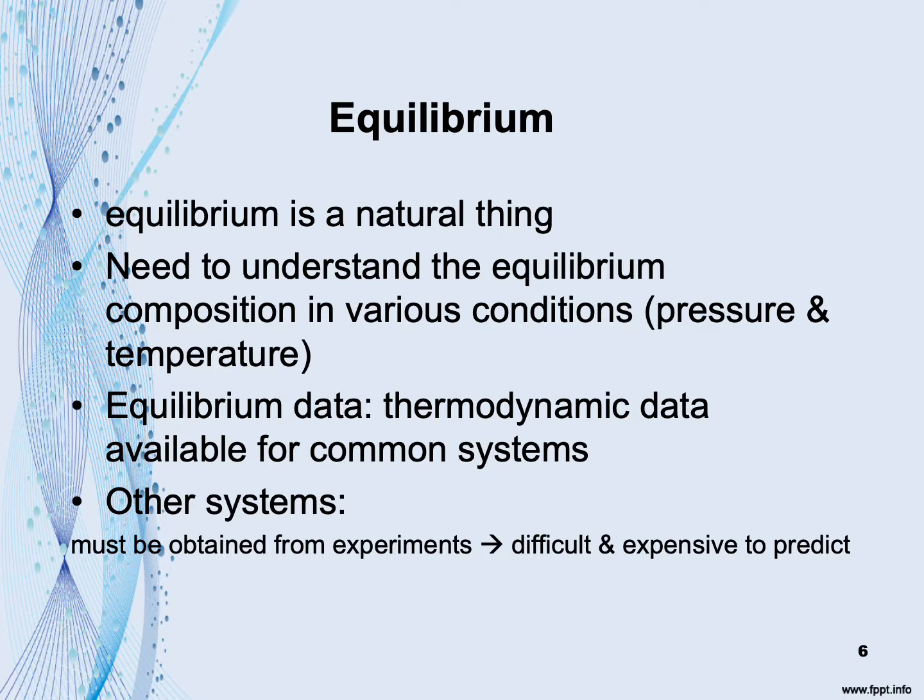Based on the previous explanation, equilibrium is a really natural thing. It is something that God gave to us. Equilibrium is a function of temperature and pressure, and we need to understand equilibrium composition in various conditions. Equilibrium data is actually thermodynamic data, and over the years since the 1940s and 1950s, scientists have gathered a lot of equilibrium data, so we have very vast thermodynamic data available for common systems.